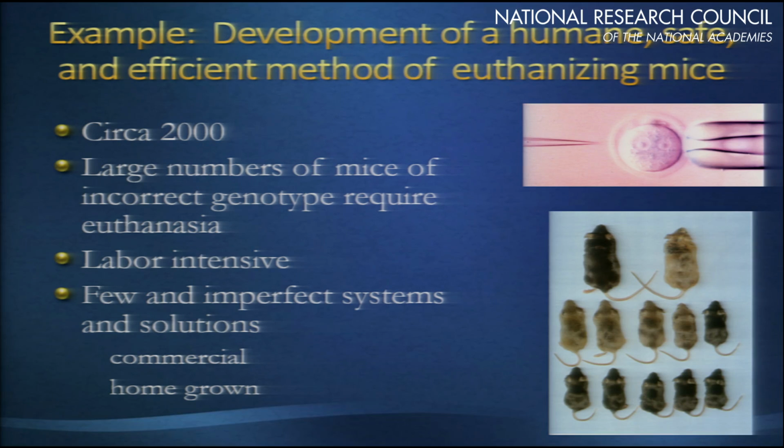This is a very labor-intensive process. At the time, there were few solutions available, and they were quite imperfect. There were commercial systems, and many people had developed their own systems at home.